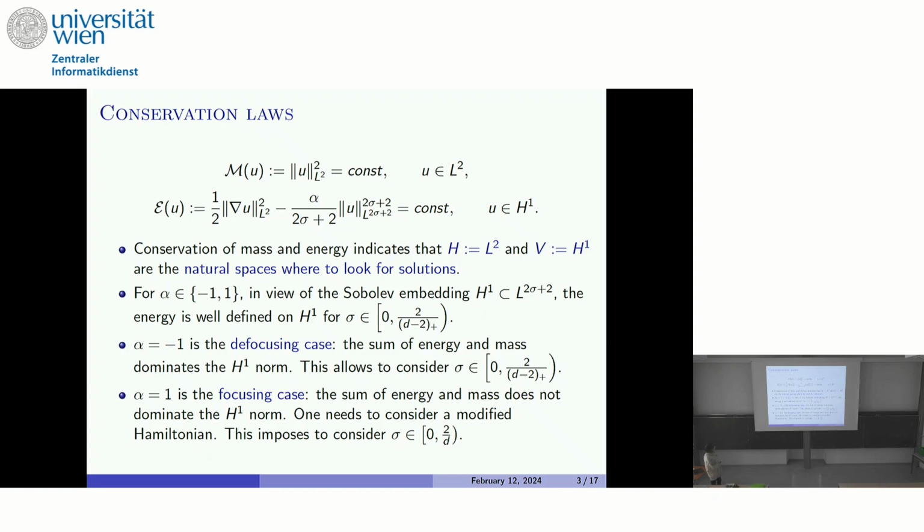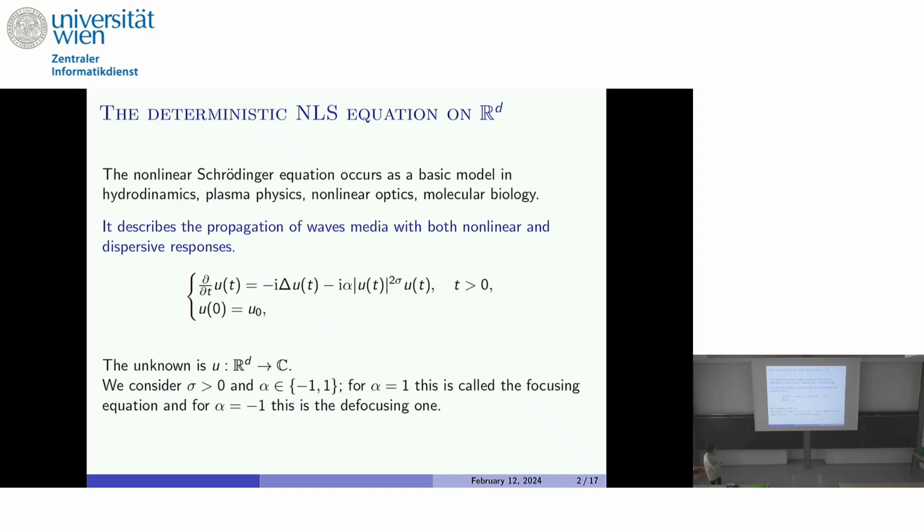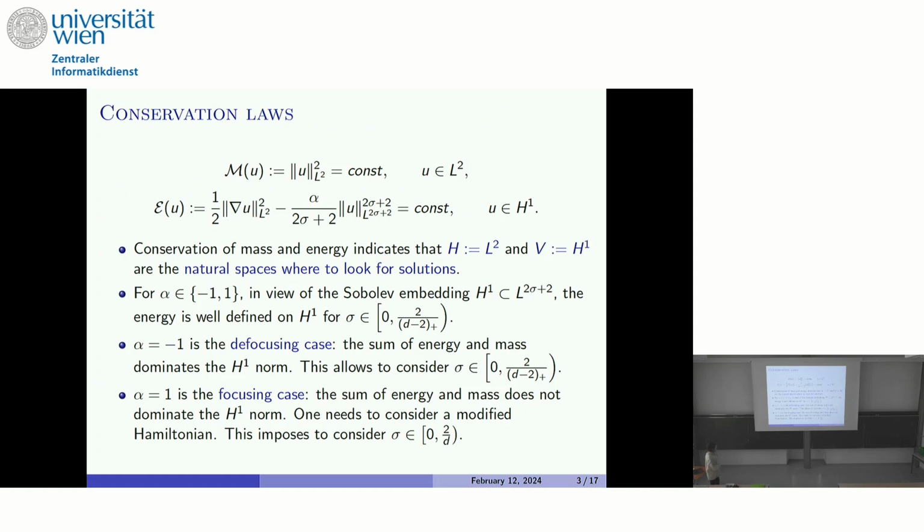And if you again look at the form of the energy, you see the role played by alpha, which was the constant here in front of the nonlinear term, because you see that if you are in the defocusing case, so alpha is equal to minus 1, you have an energy which is always positive, and so basically it means that if you want to look for solution in H1, it is sufficient to work with the sum of the mass and the energy, because you have a positive quantity that controls the H1 norm.